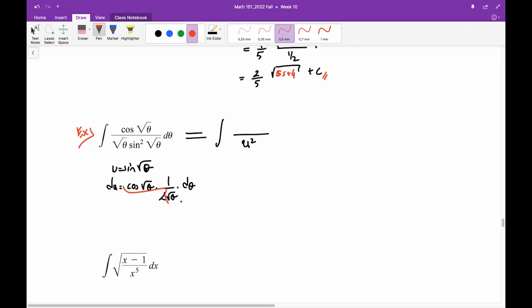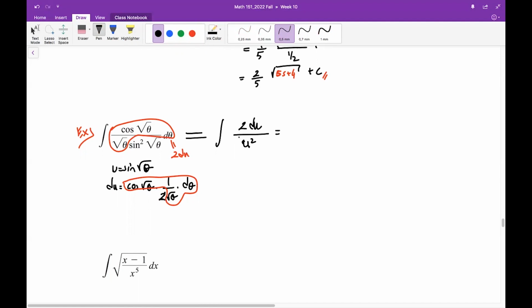I mean, this whole thing is already written here, you see? It is the same. That's why this part can be written as 2 times du. To just send 2 to the right-hand side, okay? So it can be written as 2 times du. So 2 du, I will just write there.